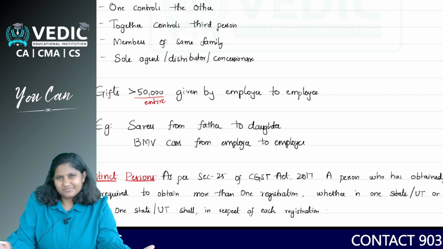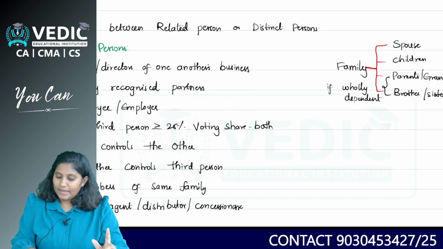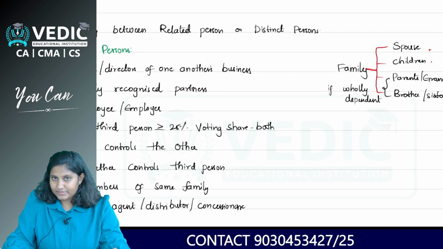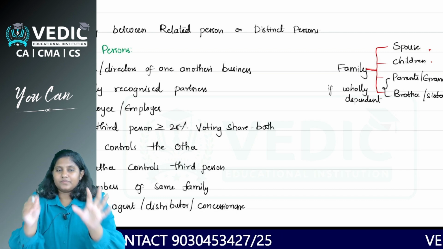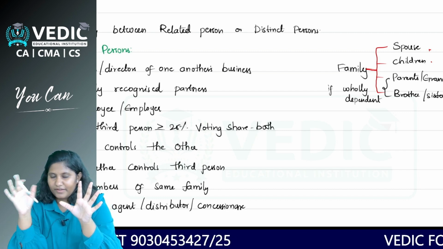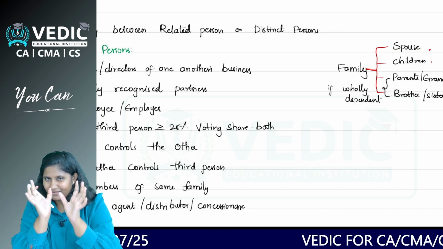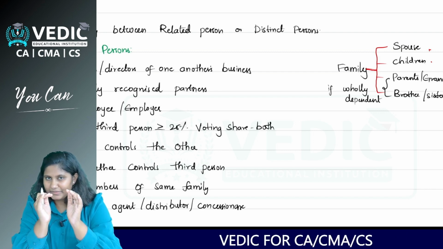See, the family definition in GST is somewhat different. Family includes spouse, children, parents, grandparents, and also brothers and sisters. See, family: you are there, your wife or husband, spouse, and your children. This is like a nuclear family. Obviously, nuclear family members are considered family.